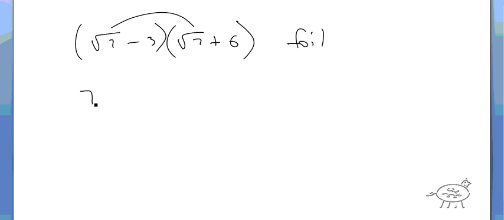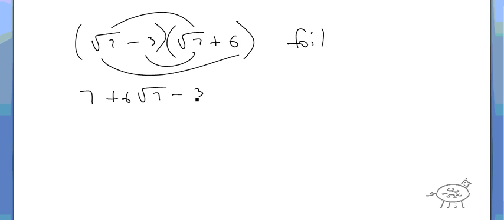Root 7 minus 3 and root 7 plus 6. Okay, again, this one's nice because you don't have to remember to FOIL since it's already in FOIL form, right? So it's root 7 times root 7, which is 7, first. Outer, plus 6 root 7.